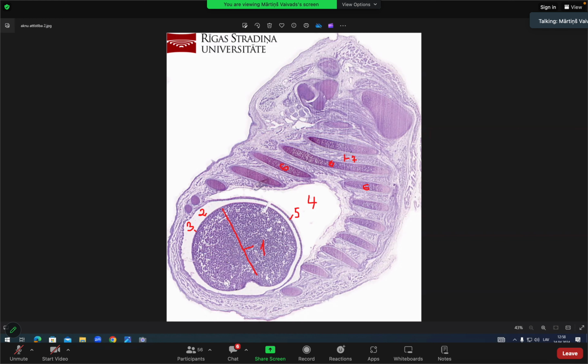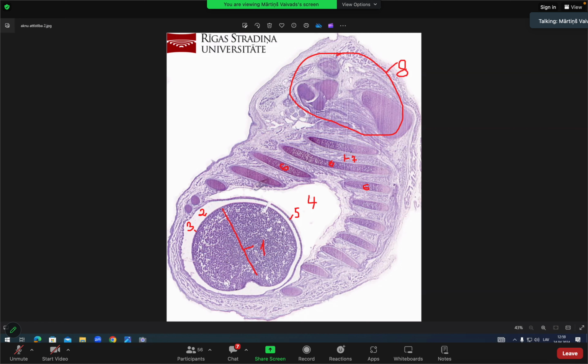Skeletal muscle tissue development or intercostal muscle development. So yes, as simple as that. If you remember anatomy, it's very helpful in embryology.